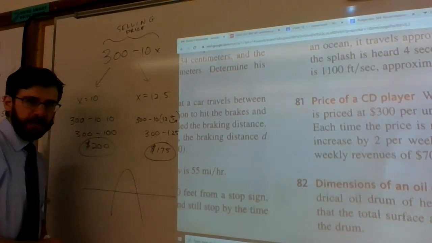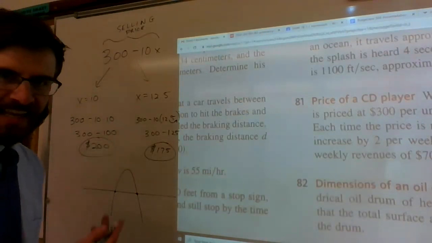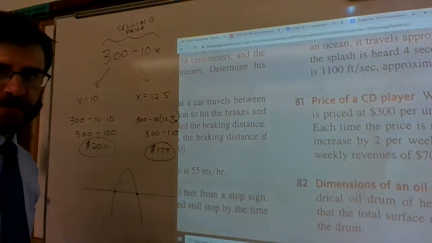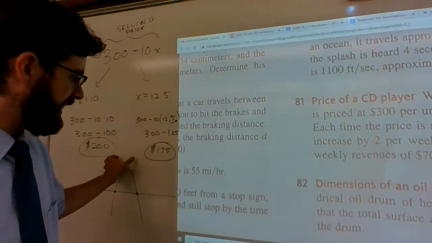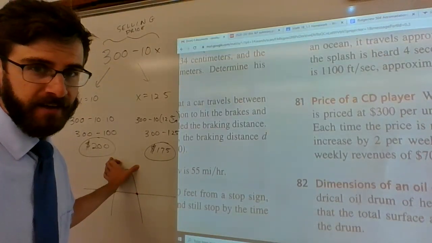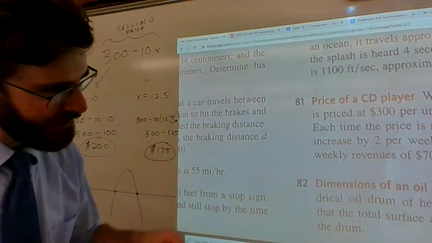So the $7,000 revenue is going to hit that upside down parabola in 2 different spots. So we have 2 different places, yeah? And we could actually figure out what the maximum revenue would be by determining what the peak of that parabola is. But I'm not going to do that right now because it doesn't ask us to.